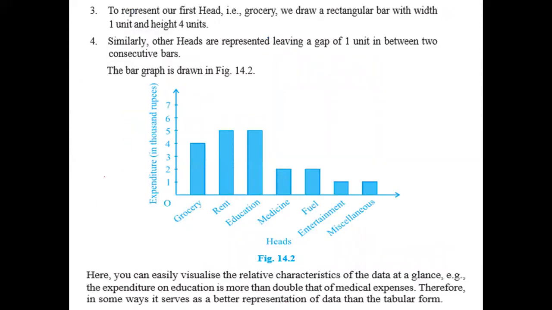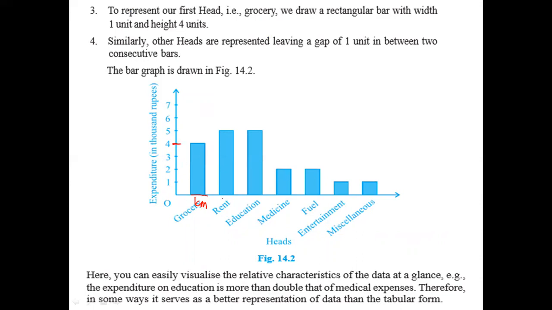Now, to represent our head, that is grocery, we draw rectangular bars with width 1 unit and height 4 units. So the width is 1 unit. So we have taken about 1 centimeter, and the height is 4 centimeters, because we know that we spent 4,000 rupees on the grocery.